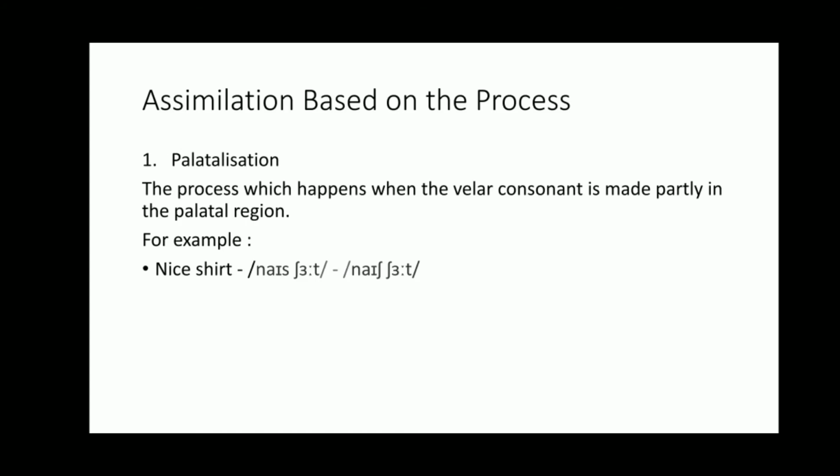Based on the process, assimilation is categorized into six types and many more. The first one is called palatalization. Palatalization is one of the processes which happens when the velar consonant is made partly in the palatal region. The assimilation happens when the anterior or velar sounds are palatalized.